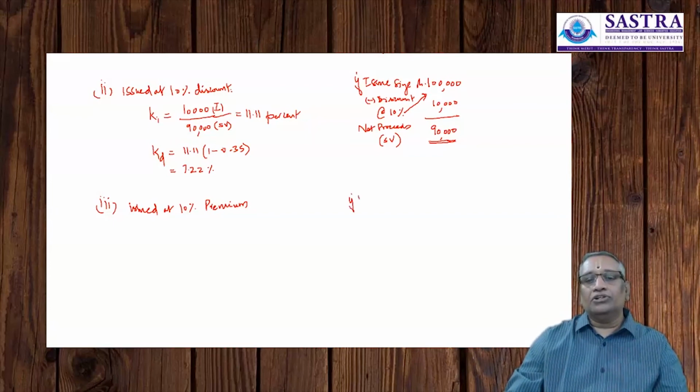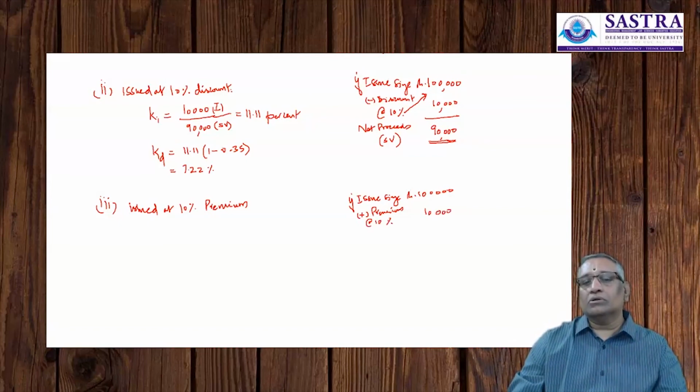If your issue size is rupees 1 lakh, add a premium of 10%, so 10,000. So your net proceeds or sale value will be rupees 1,10,000 for an interest commitment of 10,000, which is 10% on 1 lakh.